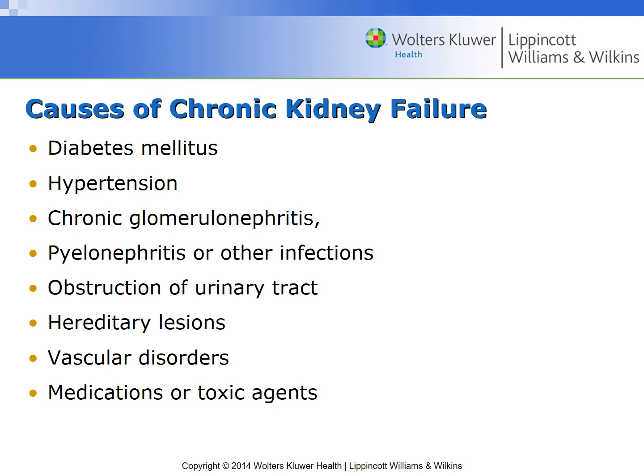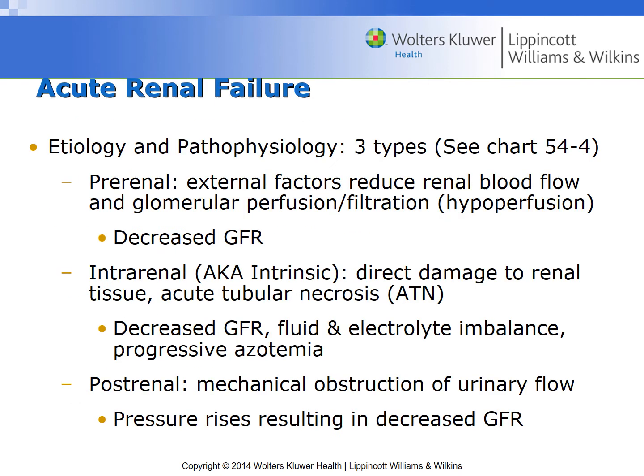Any kind of obstruction, which we mentioned with acute as well. Any kind of lesions, hereditary lesions, vascular disorders, and of course medications or toxic agents that are nephrotoxic. So those are important to know so that we can work towards preventing chronic or acute renal failure.